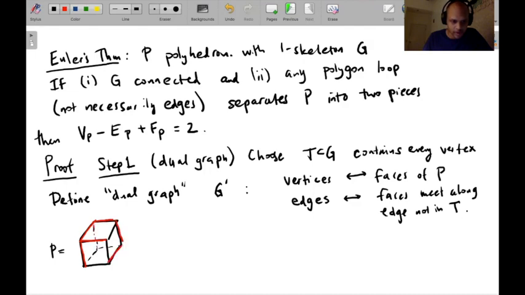So something like this. And we're going to define a dual tree whose vertices correspond to the faces, and then you connect two if those faces meet along an edge not in the tree. It's a little bit hard to see in this picture, so let me draw this differently. So here's the one skeleton.